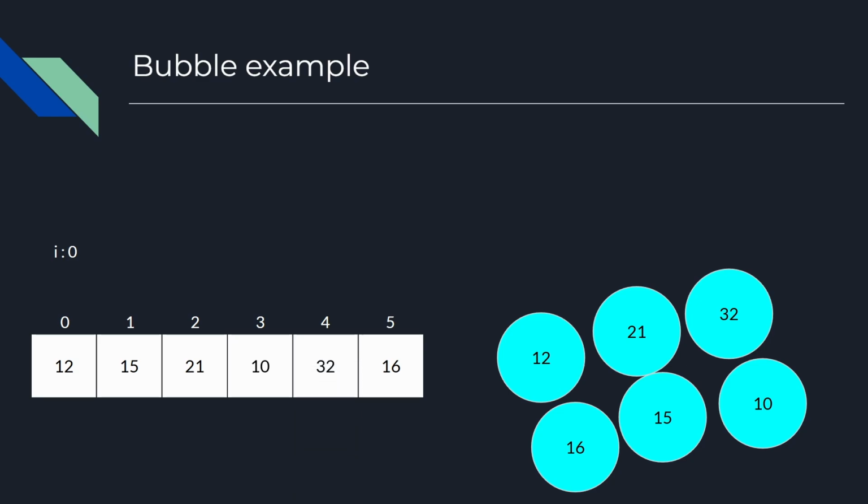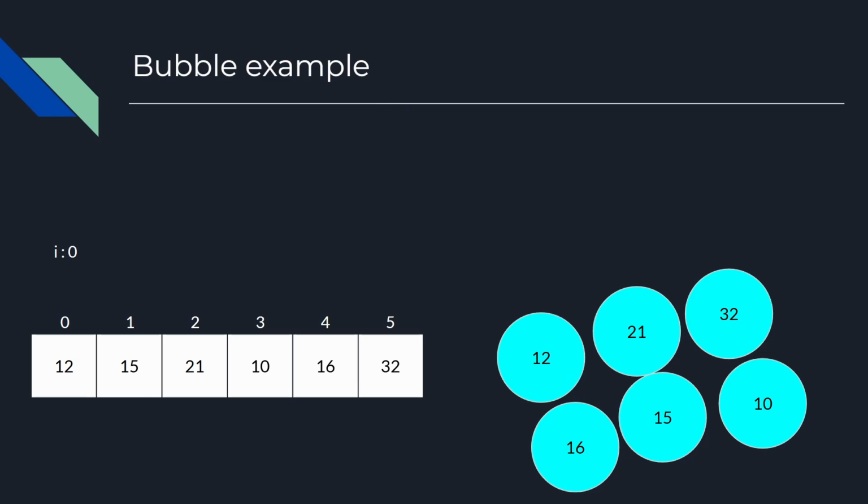Now let's move on by incrementing j once again. j becomes 4, j plus 1 is 5. As we compare these two elements, we can say that we will have to perform another swap.